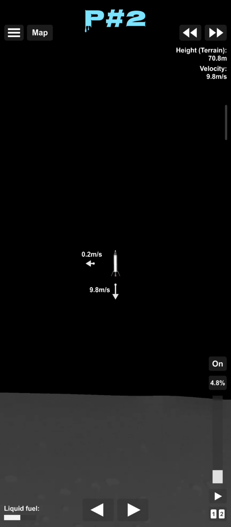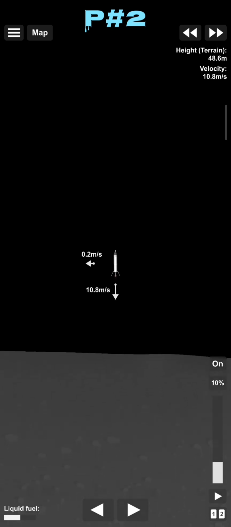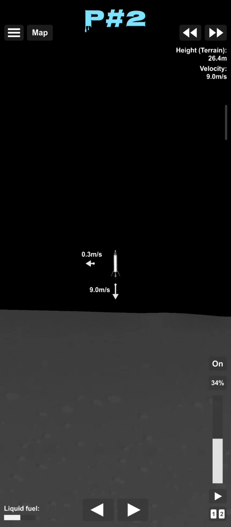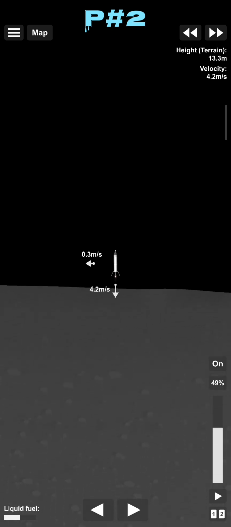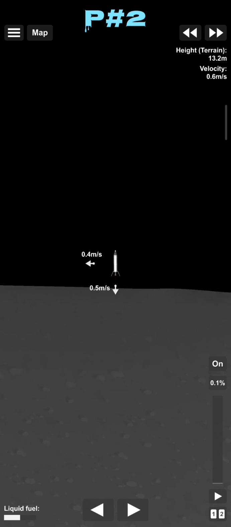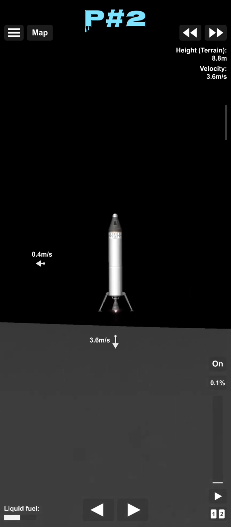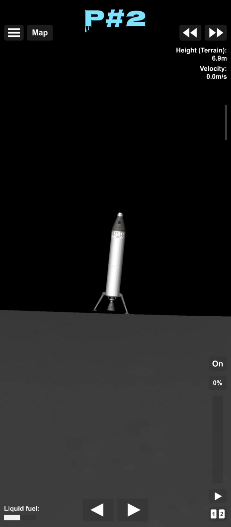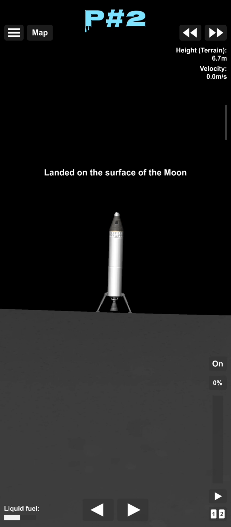The sideward velocity of this rocket is lesser than the first rocket. Upward velocity, downward velocity. Oops. Okay, we have landed on the surface of the moon.